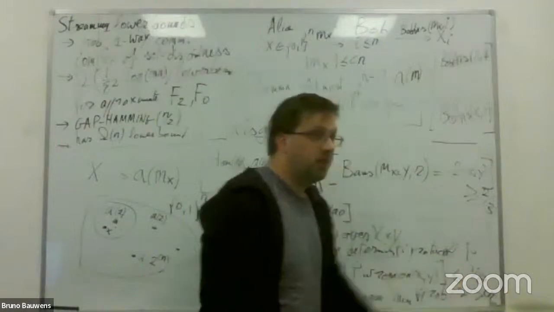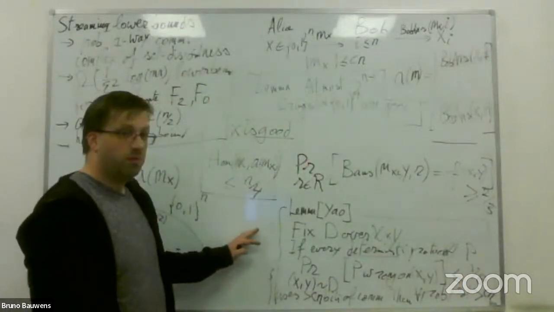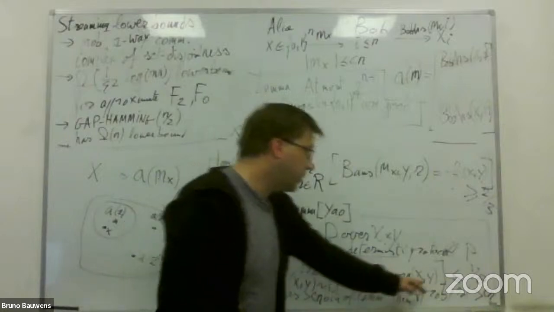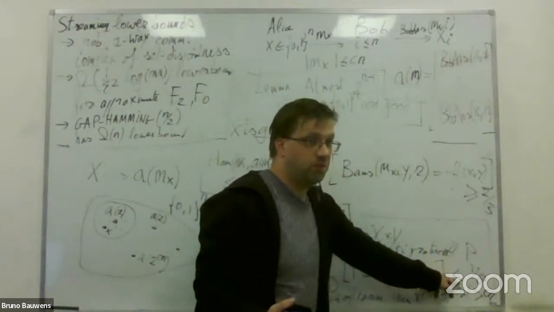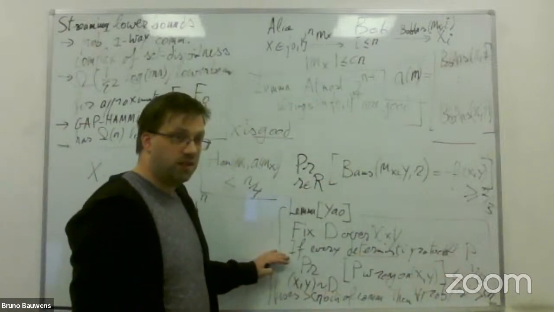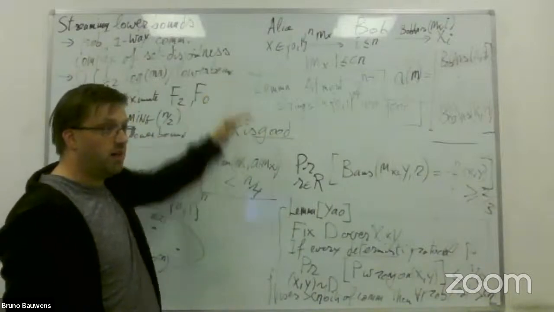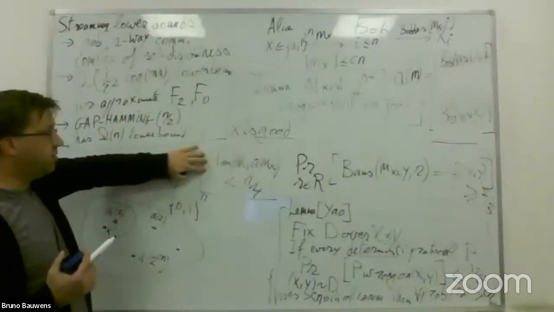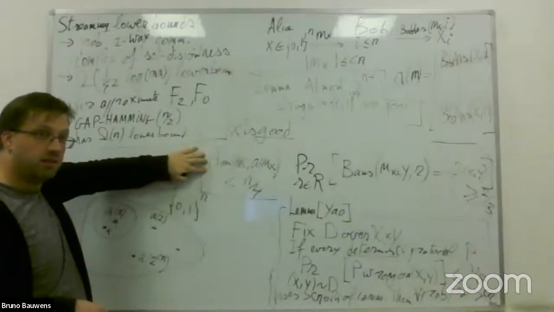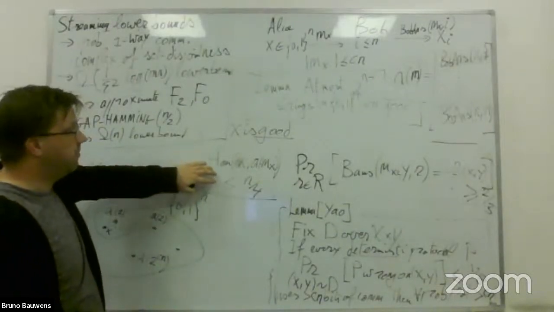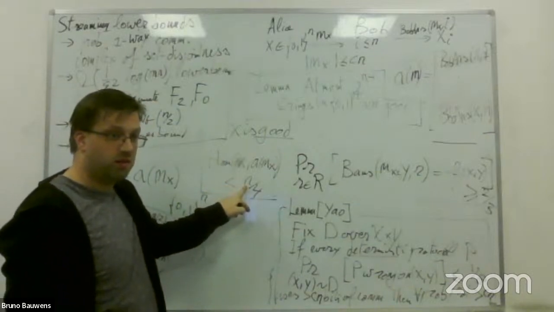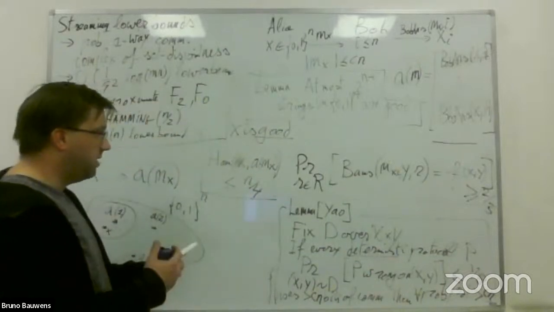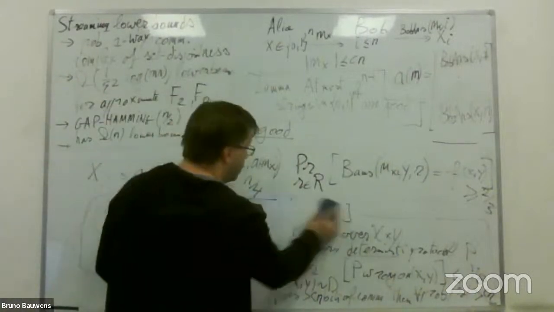So if we use cn bits of communication, then this probability is violated. On the other hand, if this probability is not violated, we need more than cn bits of communication, and so the condition of this theorem is satisfied. Let's remember our goal: the expected value of this Hamming distance should be at most 1/8, but we proved that for at least half of them it is more than n/4. So this error is the expected value of the Hamming distance. That's the connection.